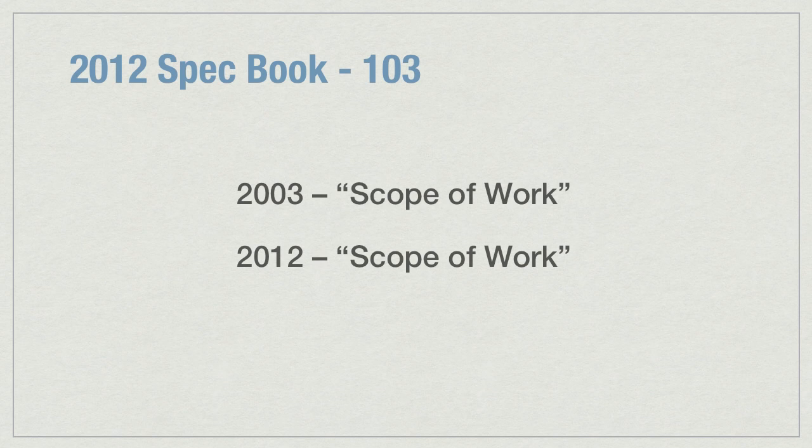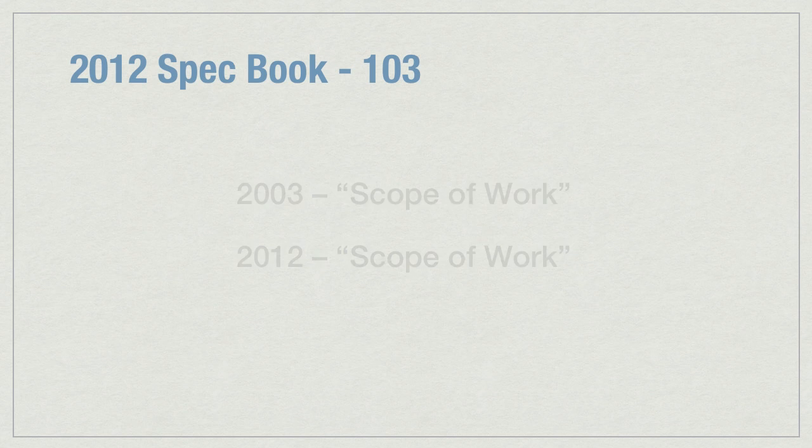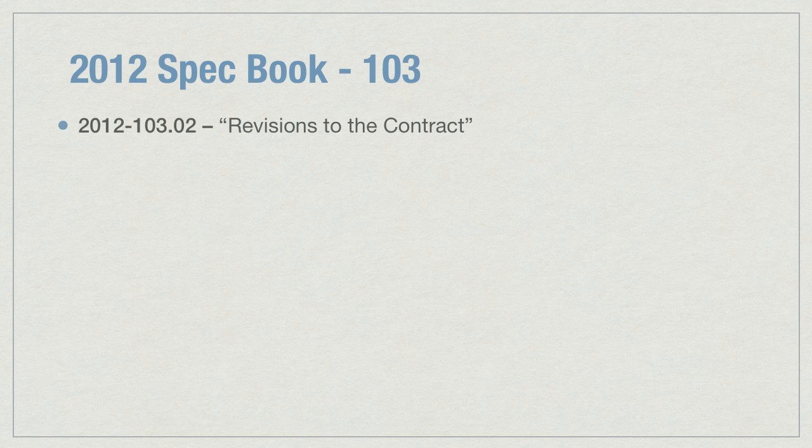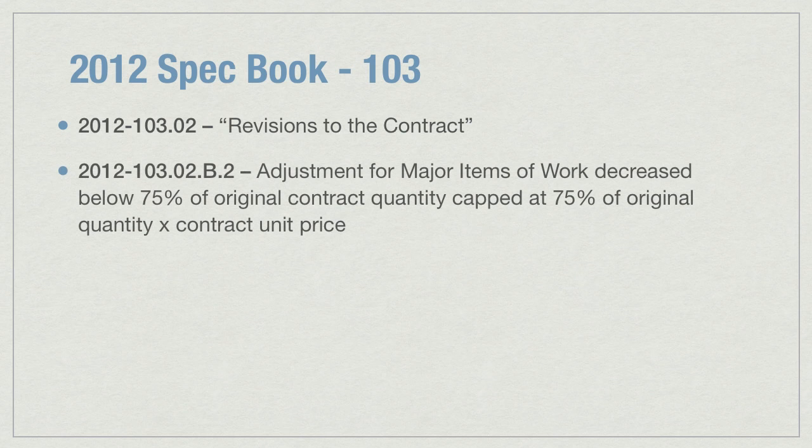Section 103, Scope of Work, will look a lot different than it did in the 2003 book. We've moved some of the subsections to other areas of the 2012 book, and we've added some new provisions. In the 2012 book, subsection 103.02 has changed in title to Revisions to the Contract.